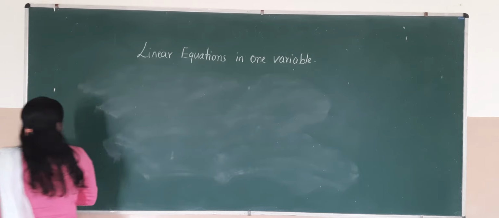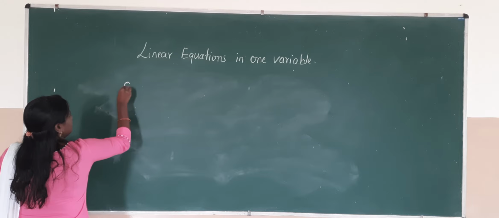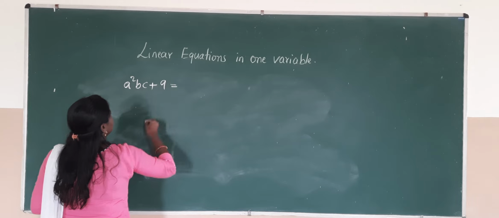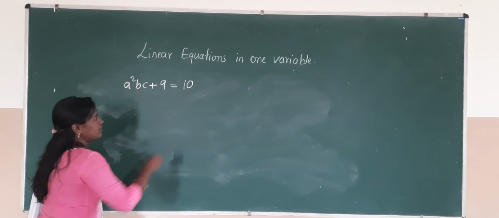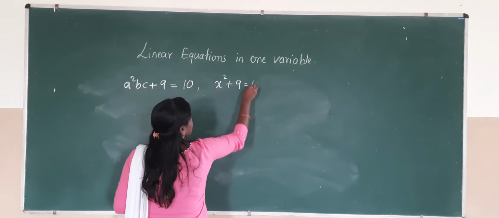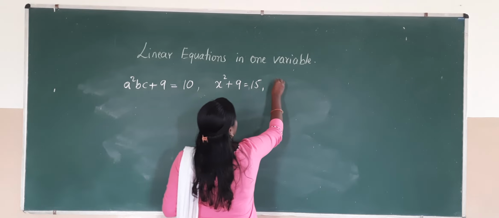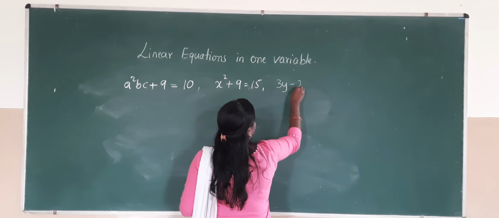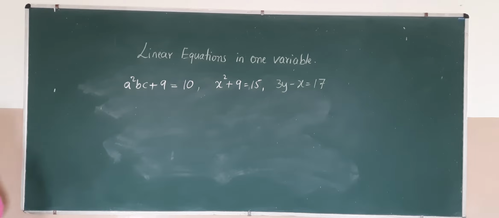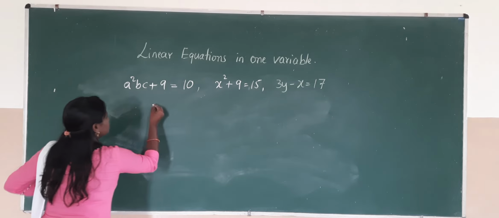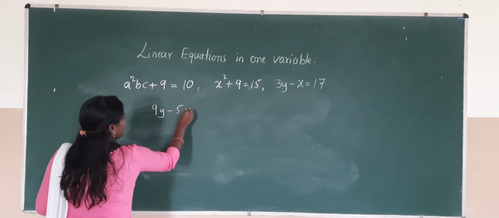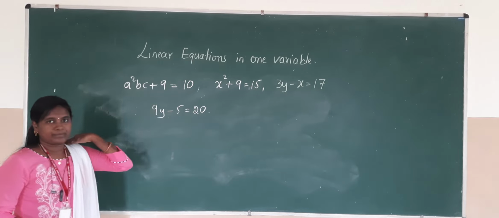If I take some more equations such as a squared bc plus 9 is equal to 10, or x squared plus 9 is equal to 15, and 3y minus x is equal to 17, and one more, 9y minus 5 is equal to 20.